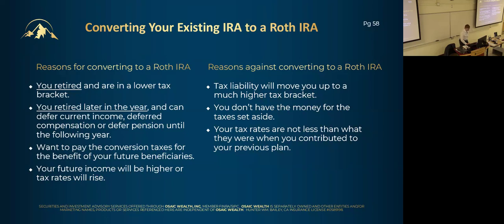Okay, so you have it all in ETFs and you roll it over and you keep those ETFs. They go right into the Roth. Yes. You're not cashing them out, you're not selling them. You're just rolling them over. I believe you can do that in kind.